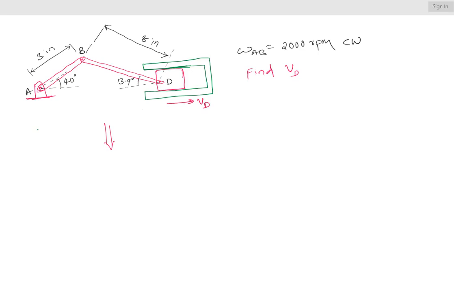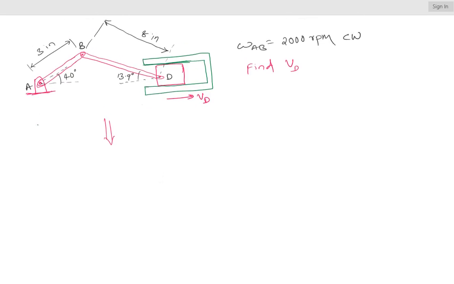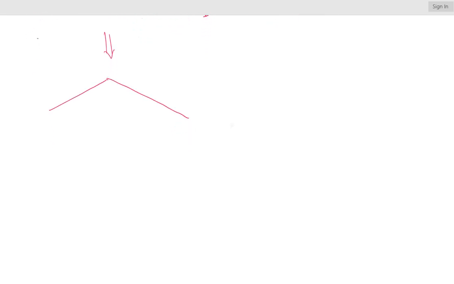Let's do one thing. Let's first translate this problem into just a free body diagram. How do we do that? We'll just draw a line representing each arm.